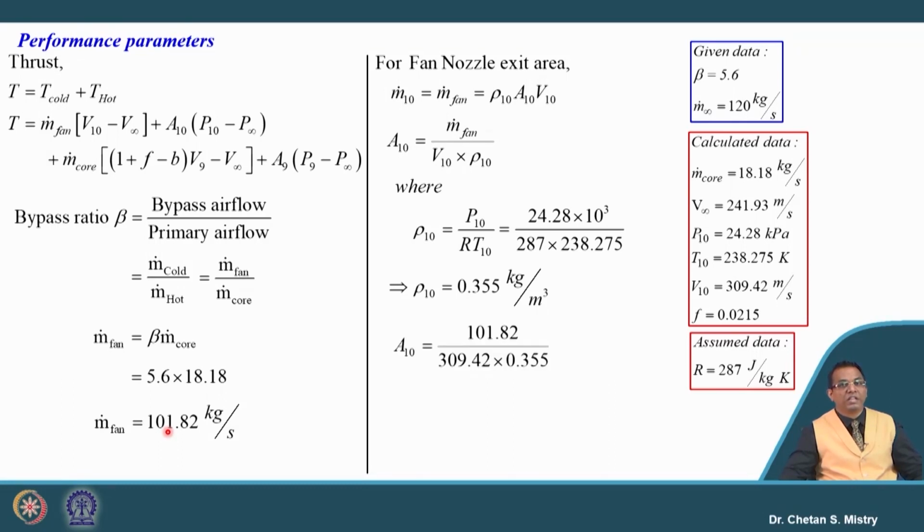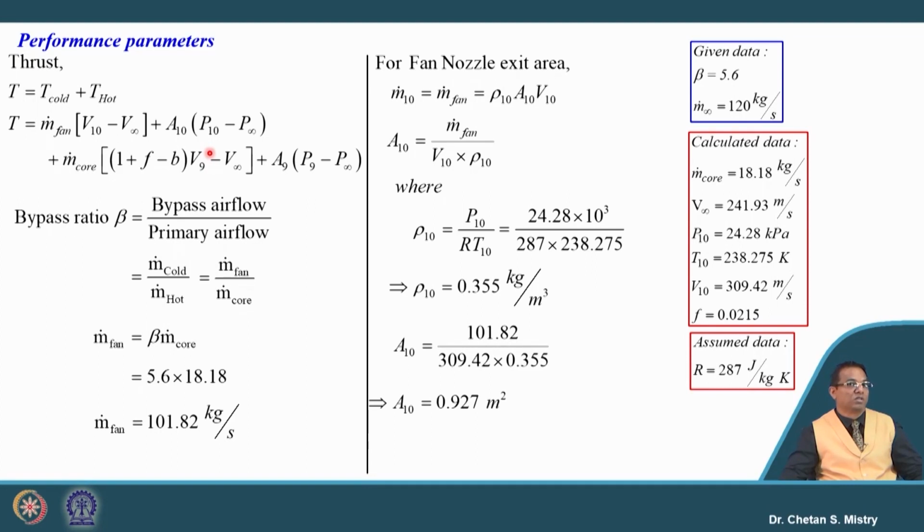Once this density is known to us, we can calculate the exit area, and this exit area comes to be 0.927 meter square.